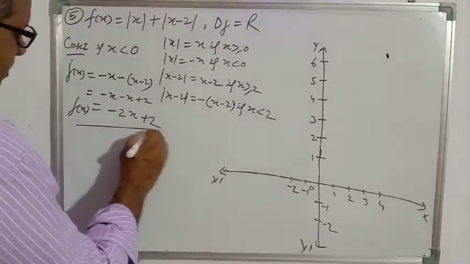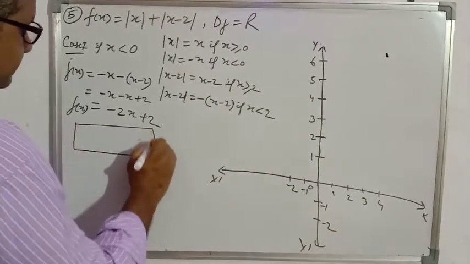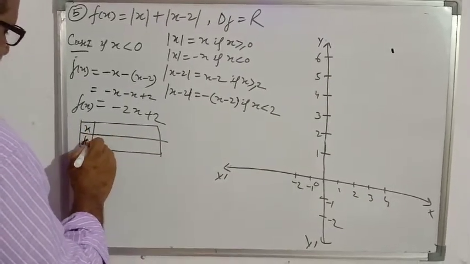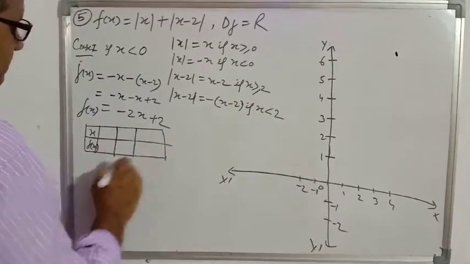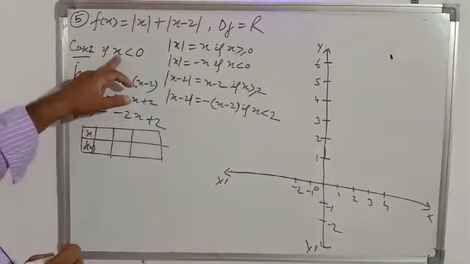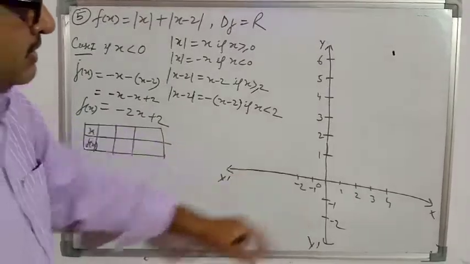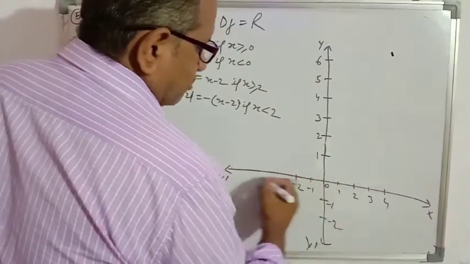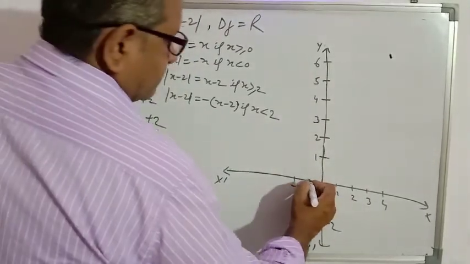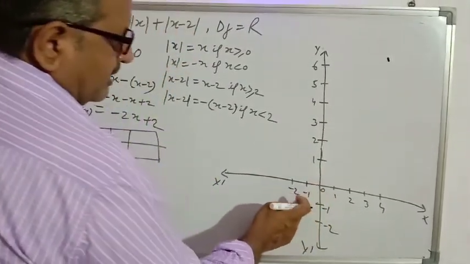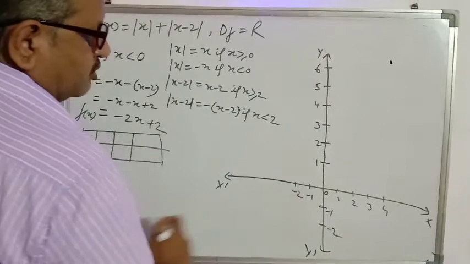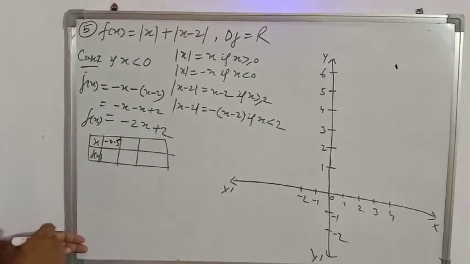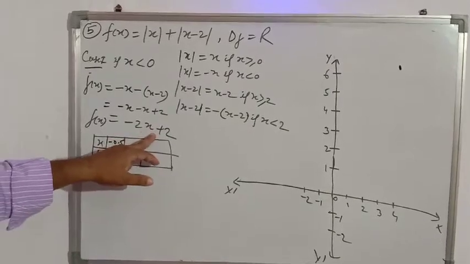Now make the table for the first case. x, f(x). Here we have to take x less than 0. So less than 0 we can take minus 1, minus 2 or minus 0.5. So take x as minus 0.5.